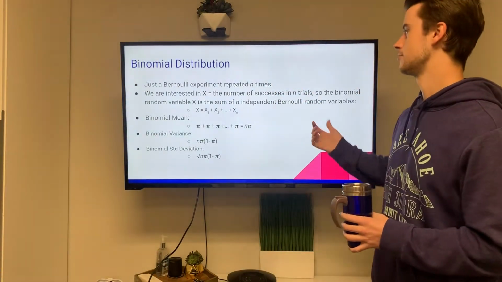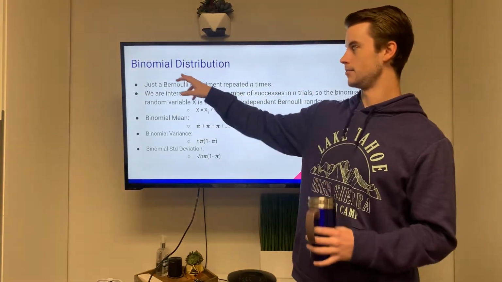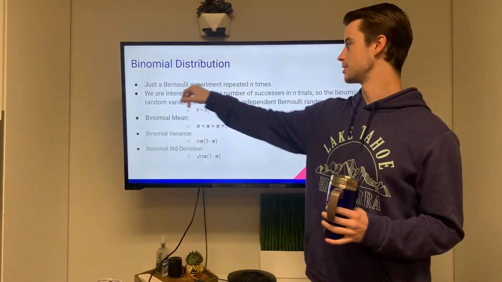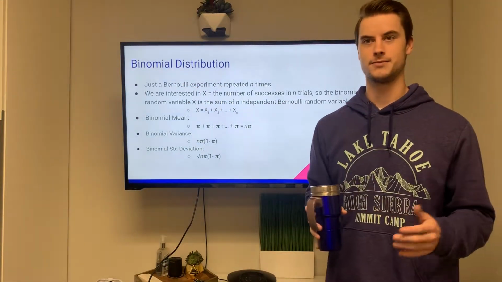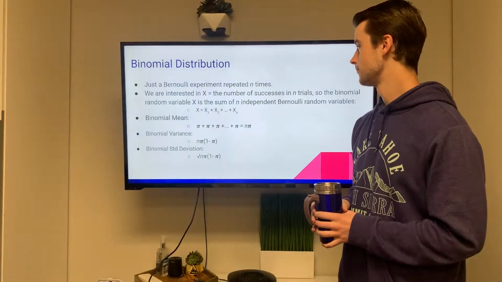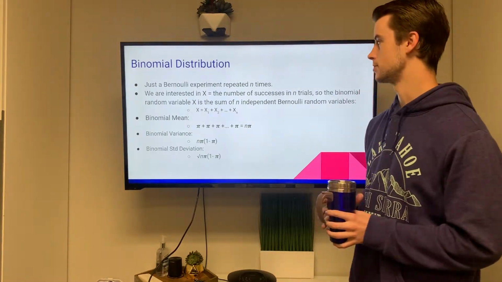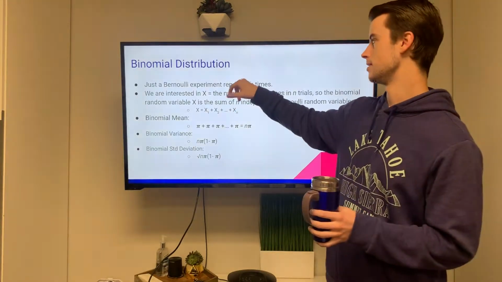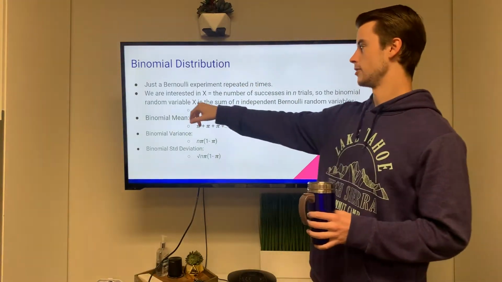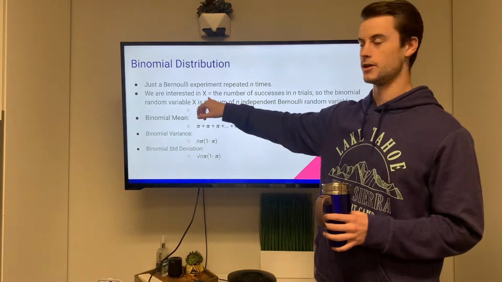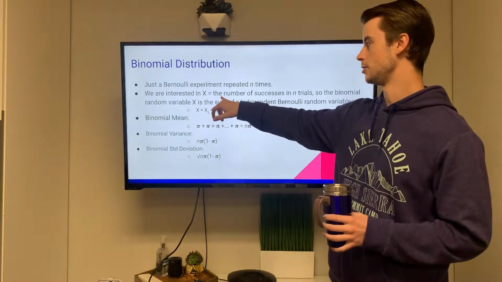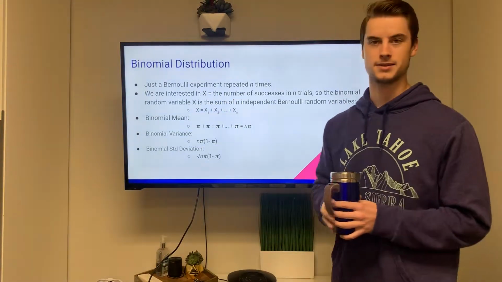So in a binomial distribution, this is just a Bernoulli experiment repeated n number of times. Flip a coin, we do it 4 times. The binomial distribution would be a Bernoulli experiment repeated 4 times. We're interested in x, our random variable, and for a binomial distribution it's always the number of successes in the trial.